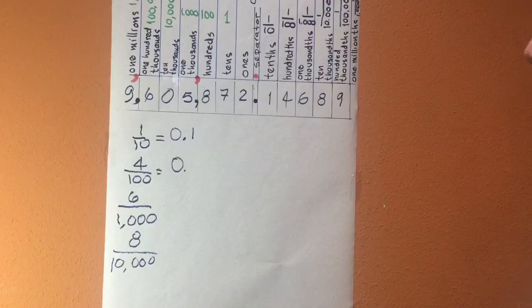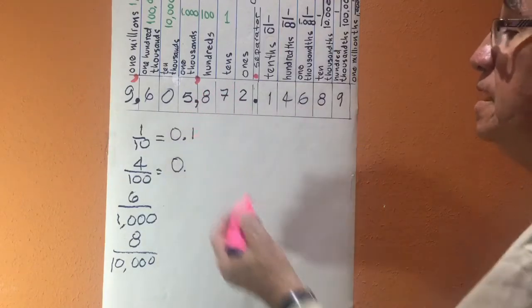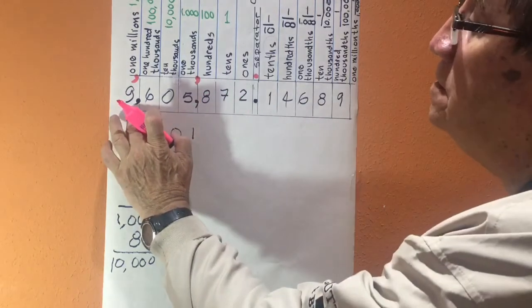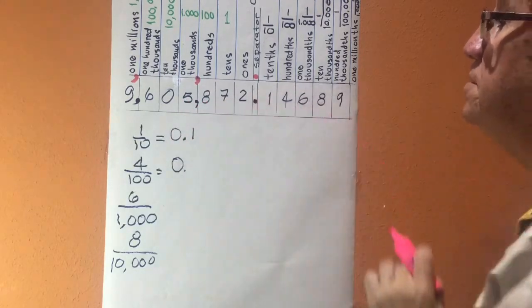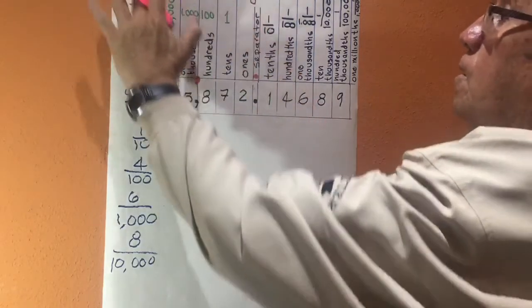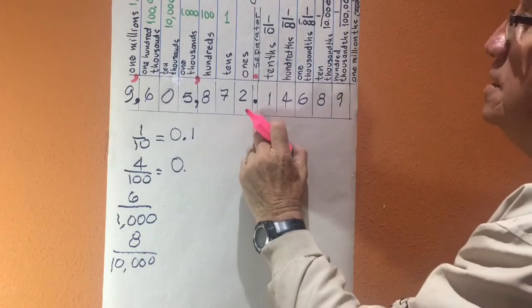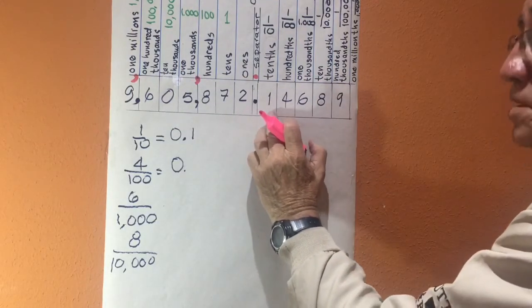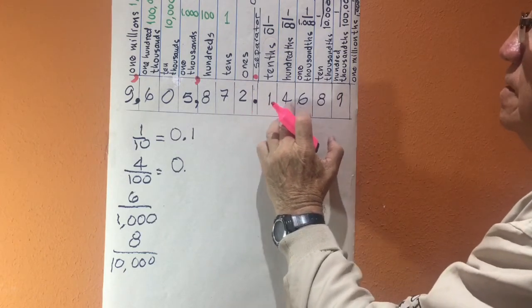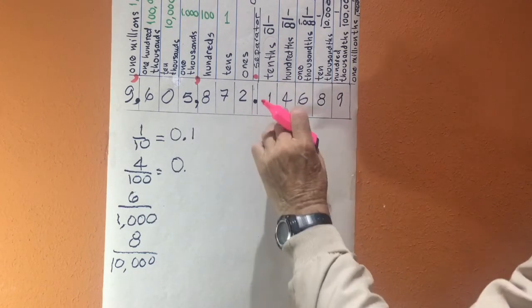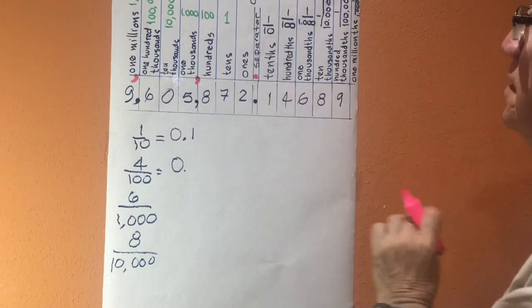Okay, so now we are going to represent this number: 9,605,872. These are whole numbers, and it continues with the decimal part, which is 1, 4, 6, 8, and 9.